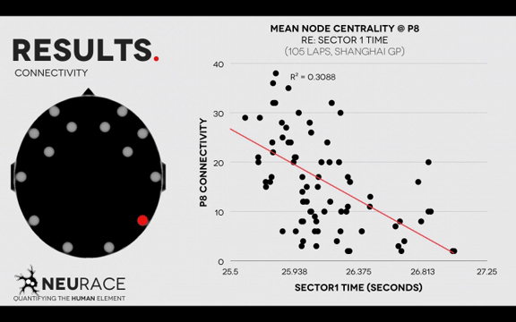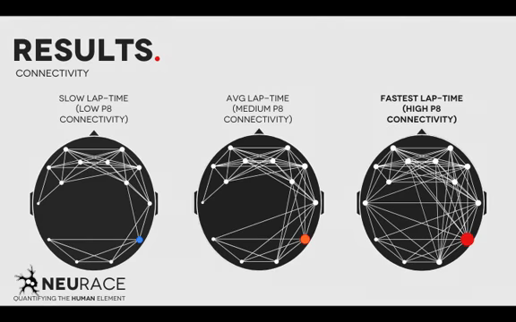And we see that the centrality measure correlates nicely with how fast the sector time is for sector 1. And this is pretty interesting. If we take one of the fastest laps and look at the connectivity for that and compare it to an average lap and a slower lap, this is what we get.